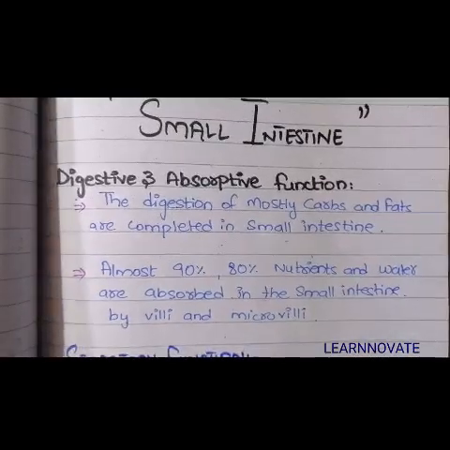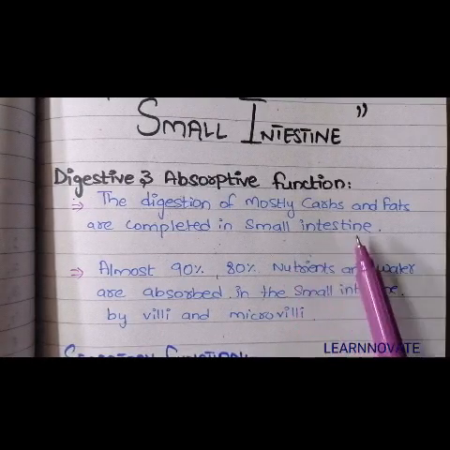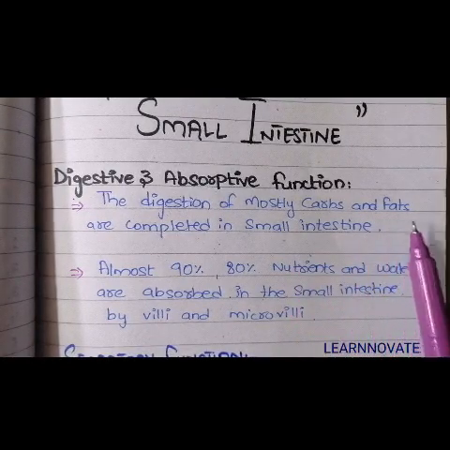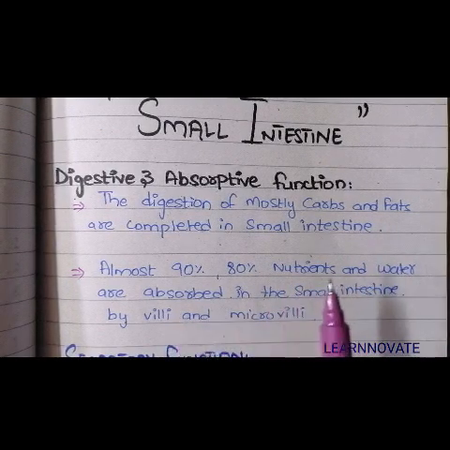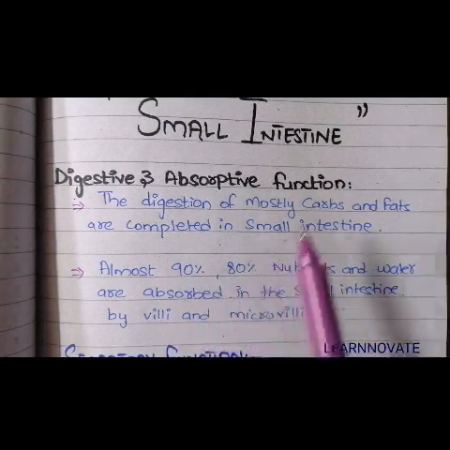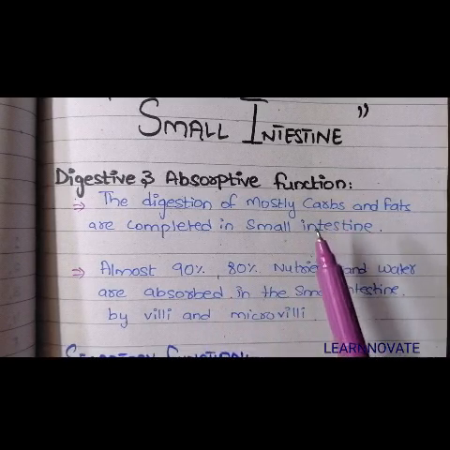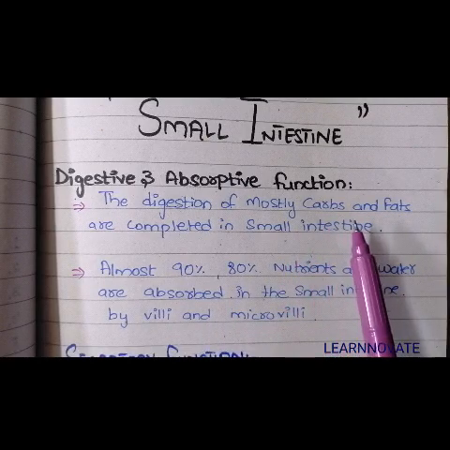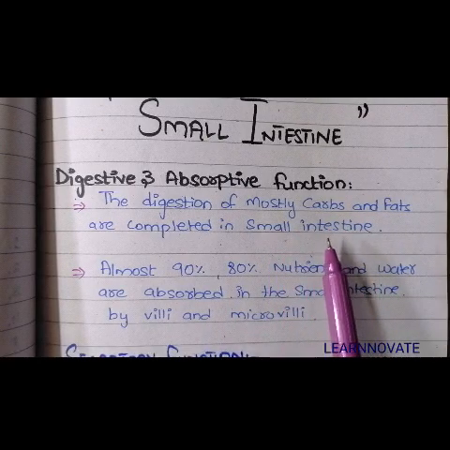The digestive and absorptive function of the small intestine includes the digestion of most of the carbohydrates and fats and somewhat of proteins. The digestion of these macromolecules, which started in the mouth cavity, is completed in the small intestine. From the oral cavity, these macromolecules get digested and finally absorbed in the small intestine.